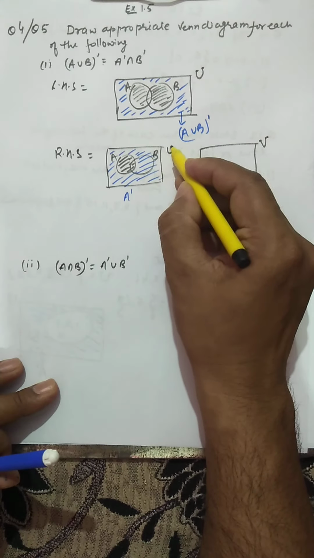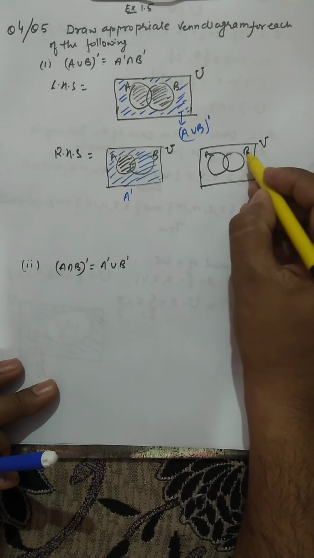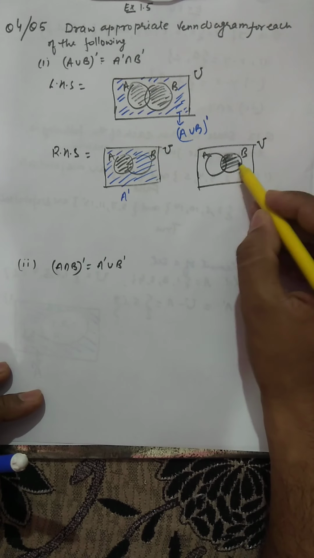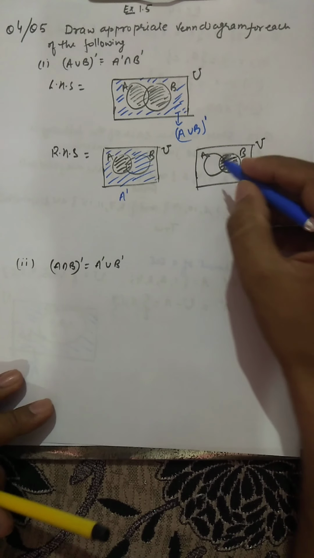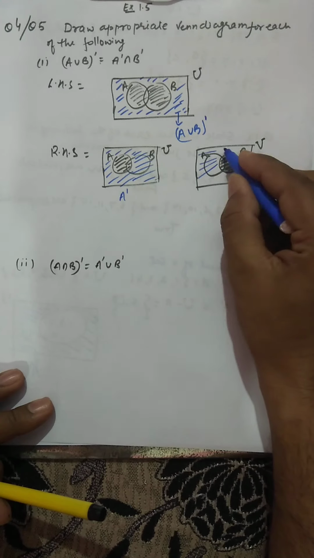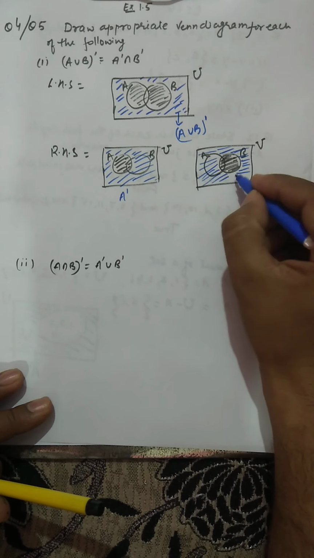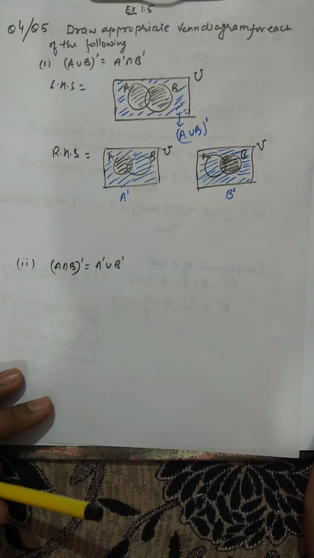This is universal, this is A, this is B. Now I'm taking B with black color, and I have to write B complement. Whatever area you subtract from the universal, whatever is left is your B complement.